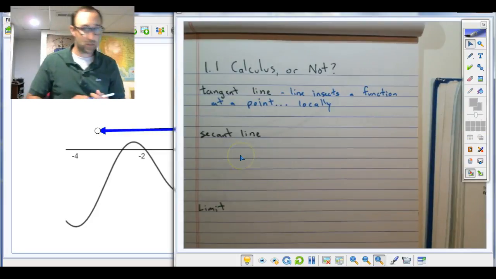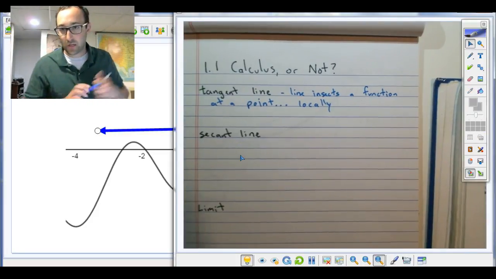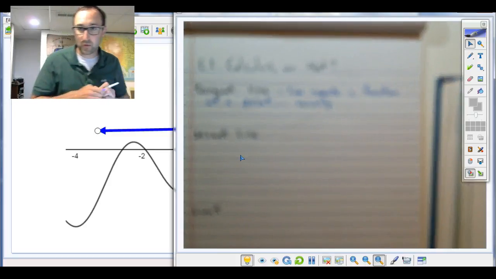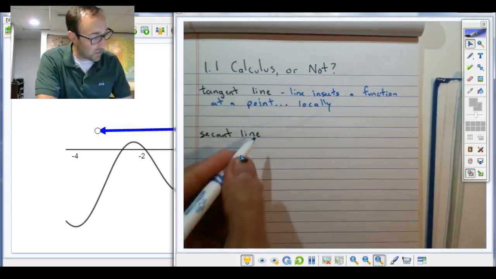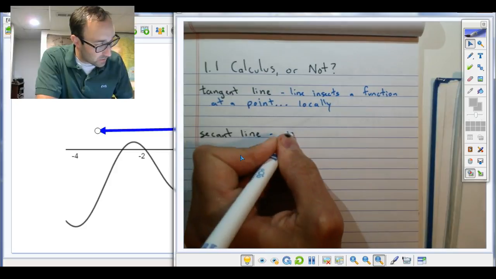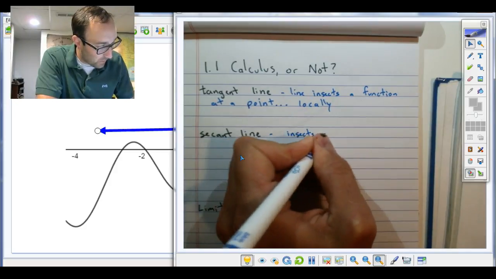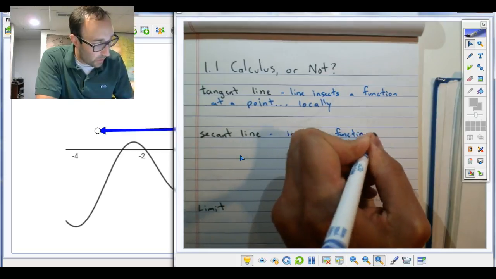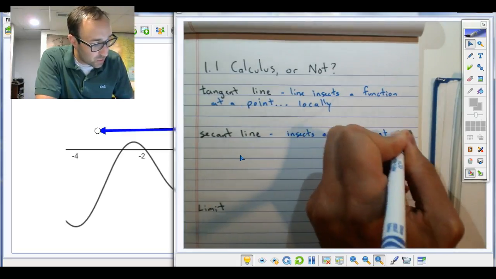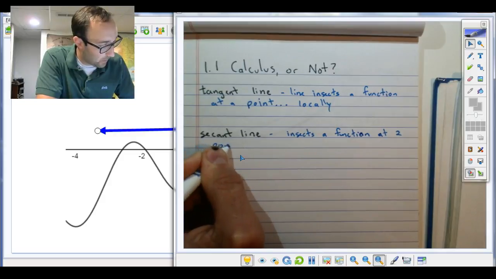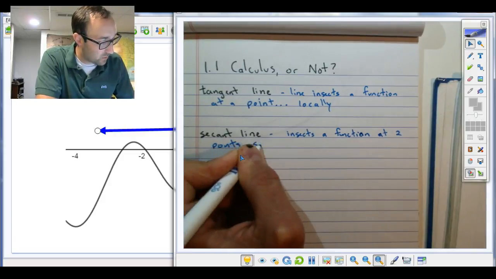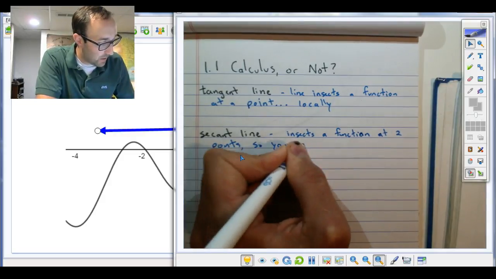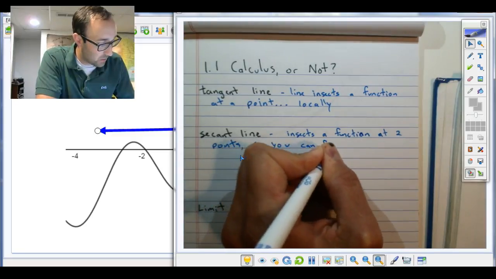A secant line is a line that intersects a function at 2 points. And that's so you can find the slope.